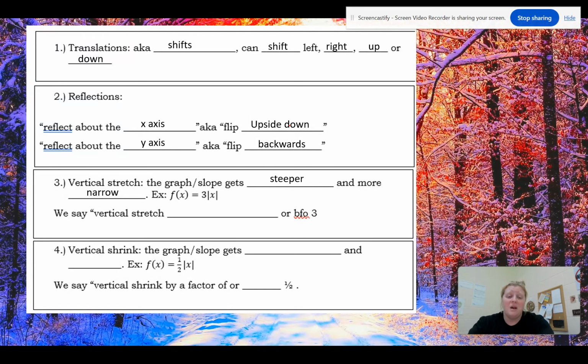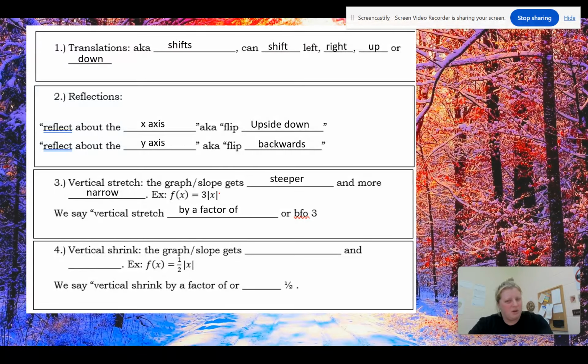All right, so when you graphed 3 in front of your bars, that made your V get skinnier. So the way that we word that, we can do a little bit better than saying skinnier, is we say there was a vertical stretch by a factor of 3.